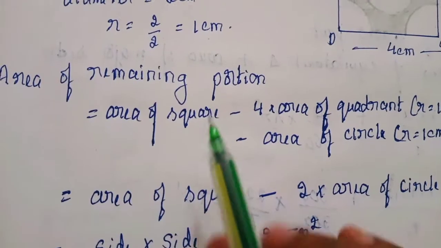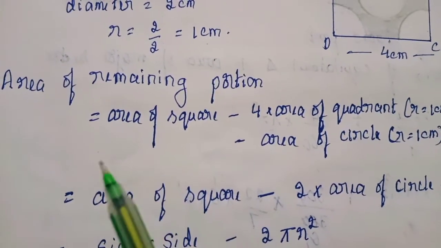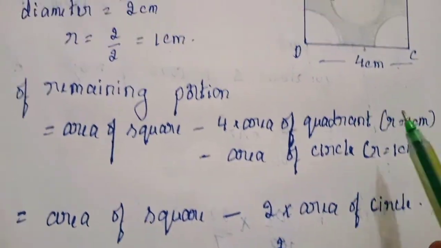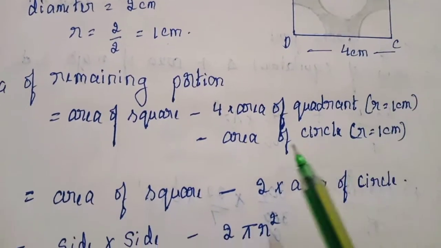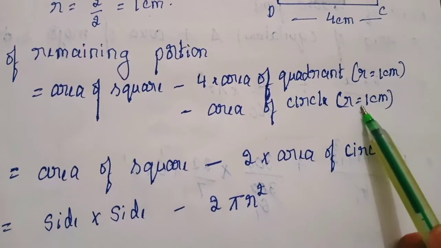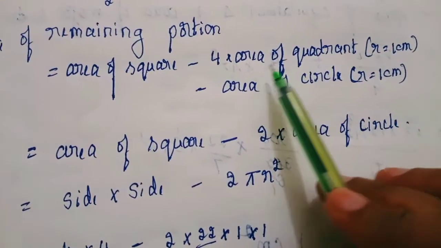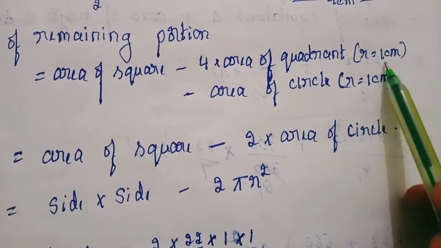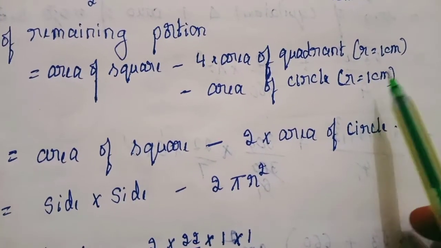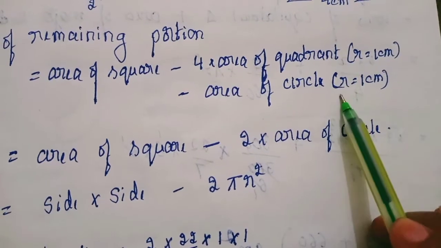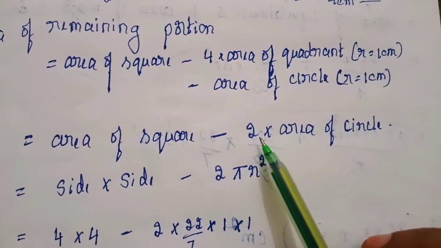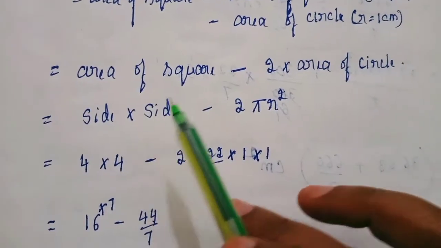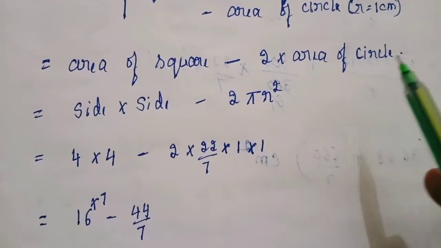So the area of the remaining portion equals the area of the square minus 4 times the area of the quadrants, minus the area of 1 circle. As the 4 quadrants become 1 circle and this is one more circle, because both radii are 1 cm, we can write it as 2 into the area of a circle. So area of square minus 2 times the area of a circle.